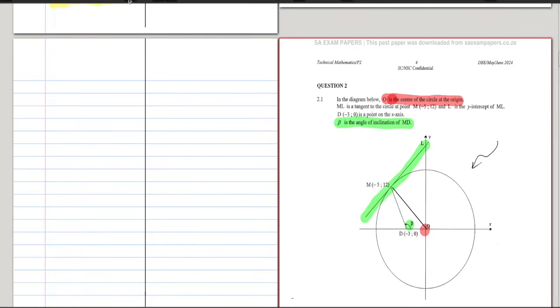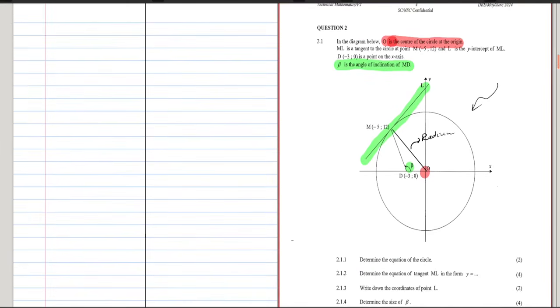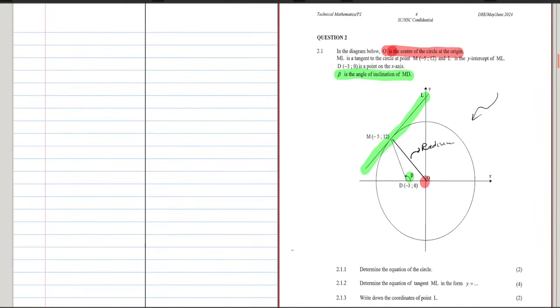That's a radius. There's nowhere where they say we need to show the radius, but it's going to come in handy for part of the discussion. Now, they want us to determine the equation of the circle for 2.1.1.